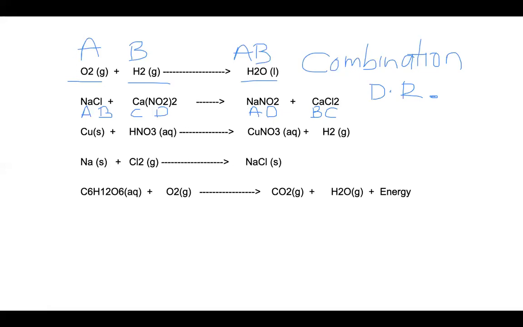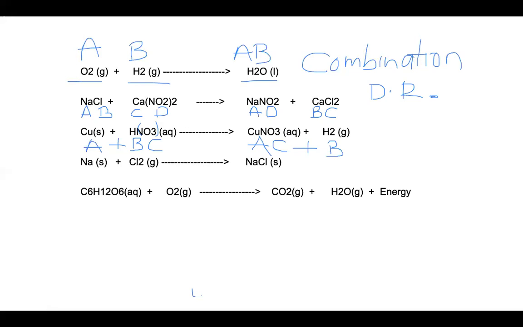In the next reaction, we have copper plus nitric acid, okay? We can consider NO3 as a polyatomic ion, so as one single element. So we have A plus BC. After the reaction takes place, C goes with A and B stays alone.